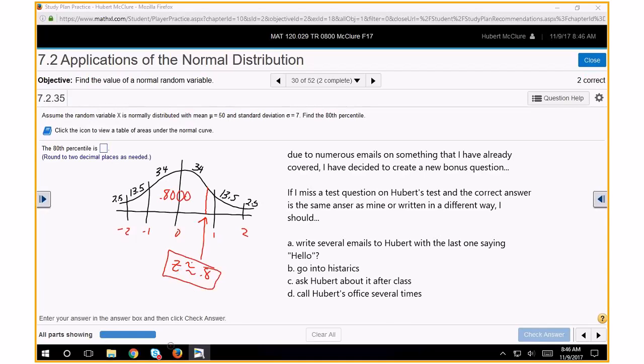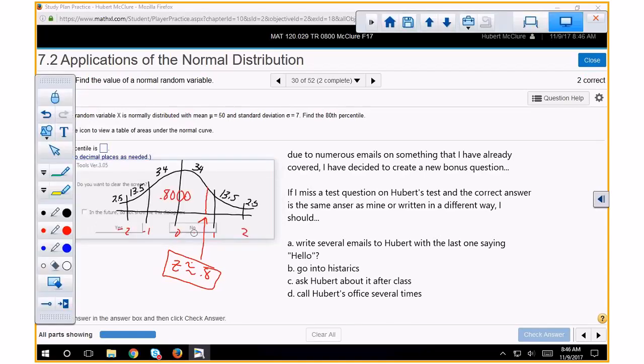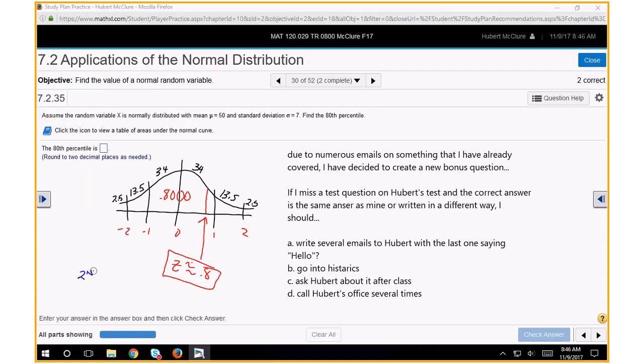All right, so now what do we do first? Well, we don't know the z-score, so we've got to find the z-score for 0.8. Second, inverse norm, because we're given an area, 0.8000.